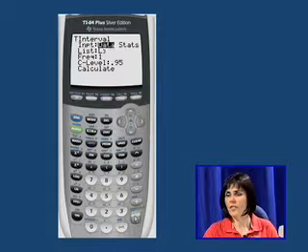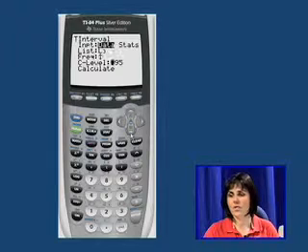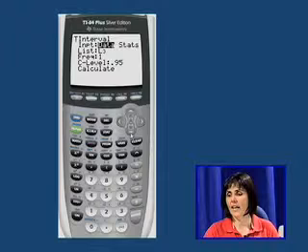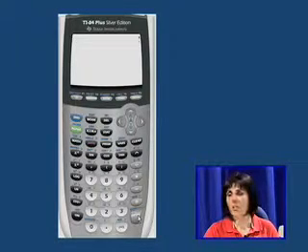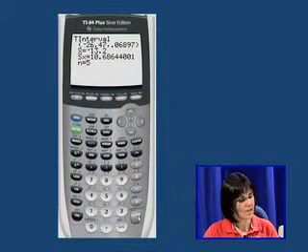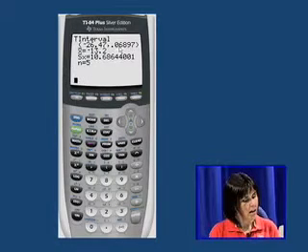If you push enter, I know that I need to enter the data, so I say data in L3, and all I have to do is enter the confidence level, which is 0.95, and I say calculate, and that will give you the interval. It goes from negative 26.47 to 0.0858.